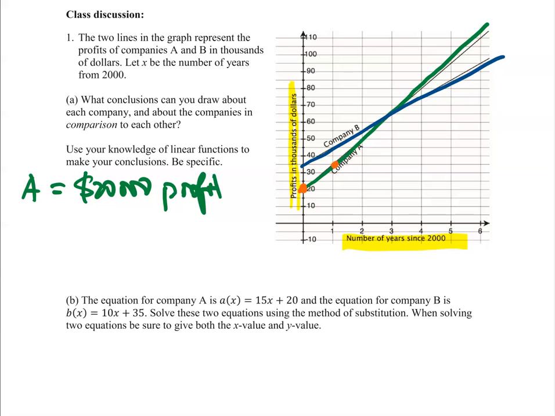Rise over run, you go up by 15,000 and 1 to the right. So you have a $15,000 increase per year.